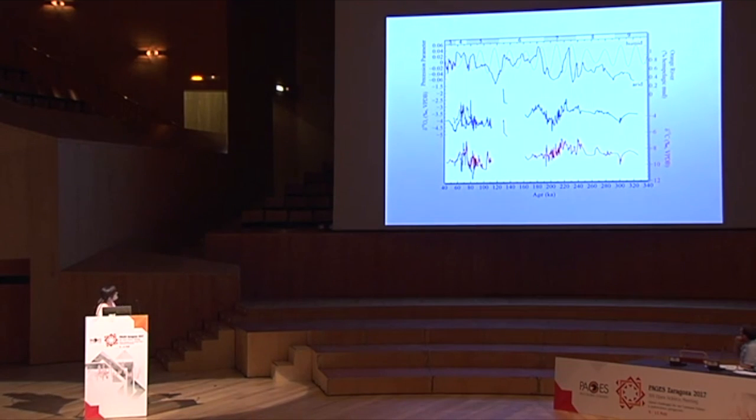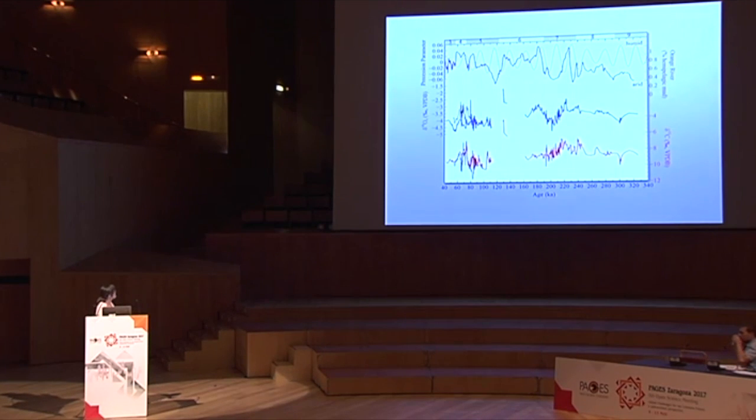The delta 13C shows the signal a little bit less clear, but if we take out the low values that we find in stage 6, that I think are related to colder conditions favoring C3 plants, there still is low correlation between the two records.